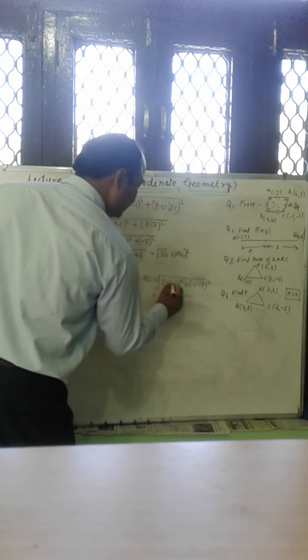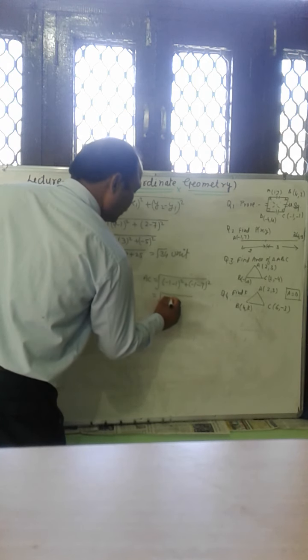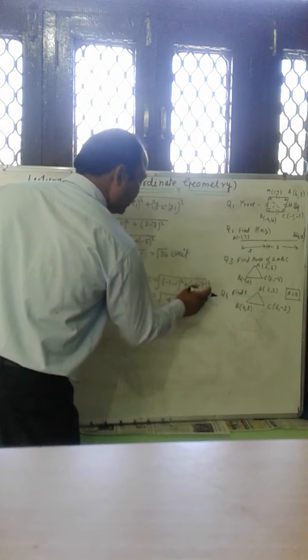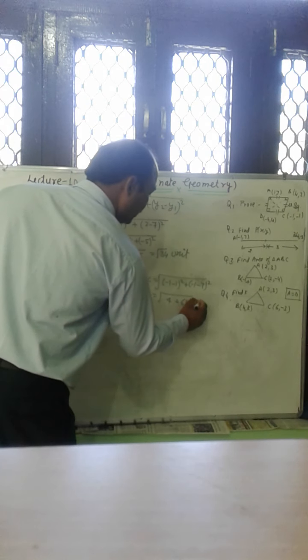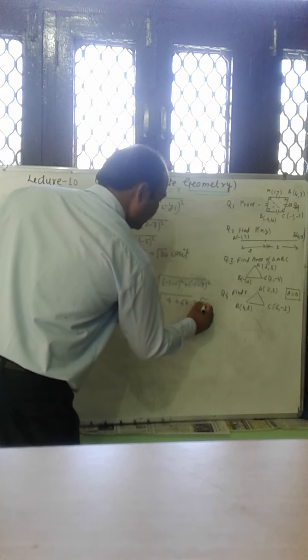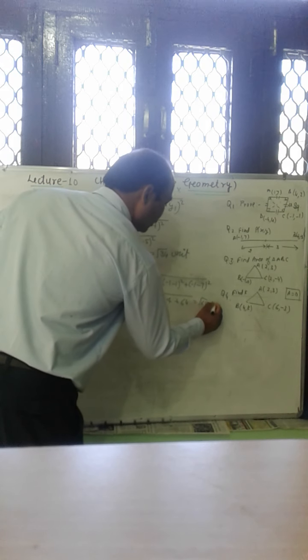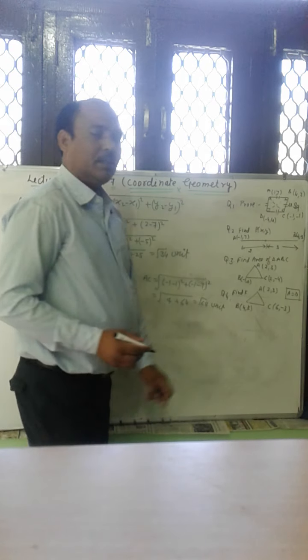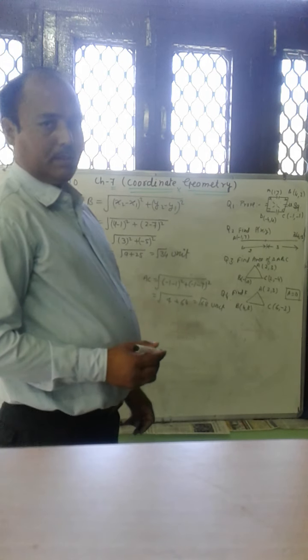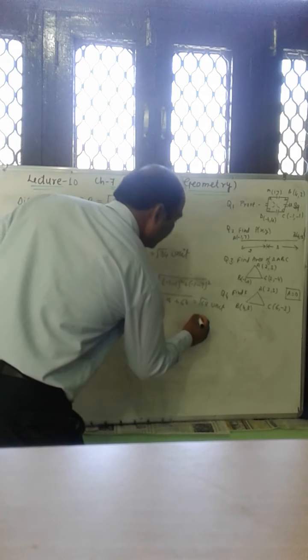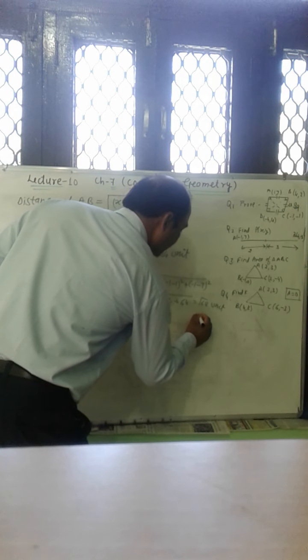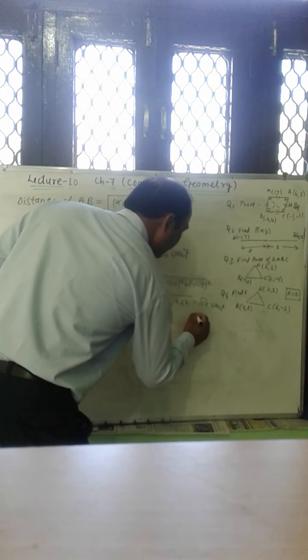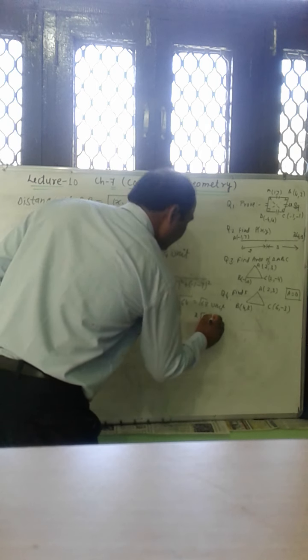This is equal to root of 4 plus 64, that is root 68 units, or 2 root 17.